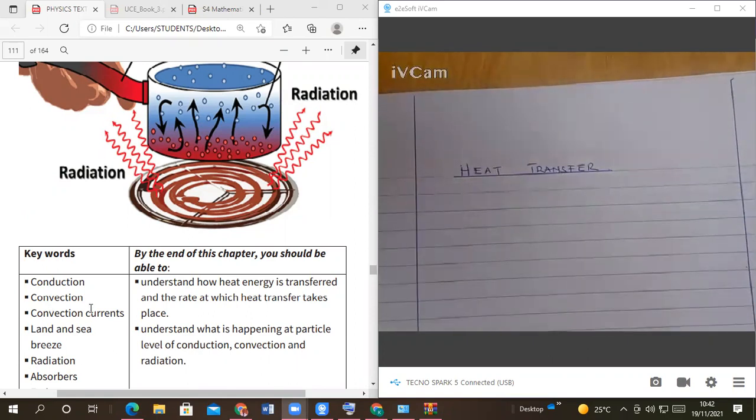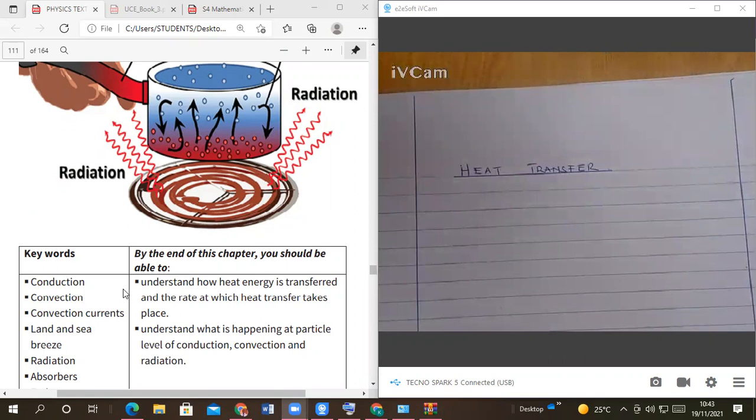And we are going to understand how the heat energy is transferred from the region of high temperature to the region of low temperature in all those three types. In conduction, how is heat transferred? In convection, how is heat transferred? And also in radiation?